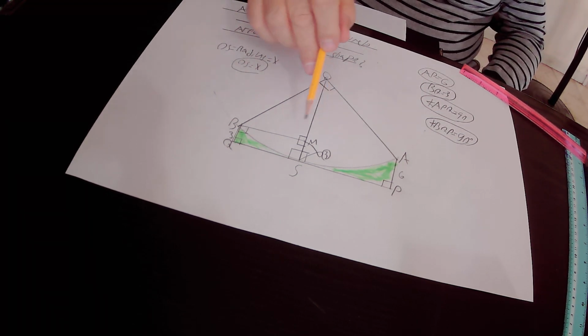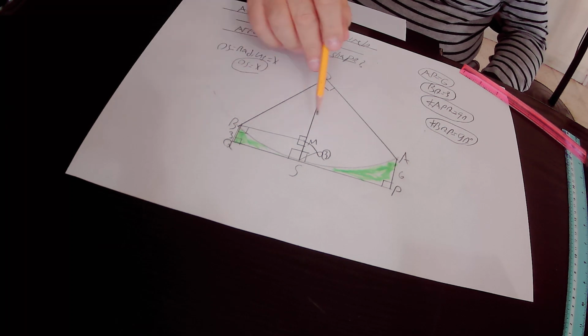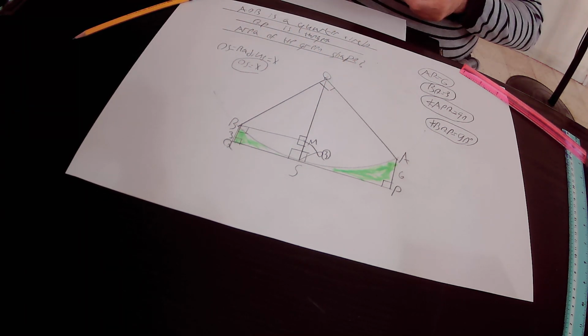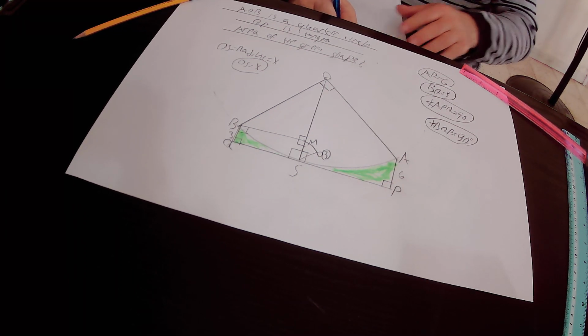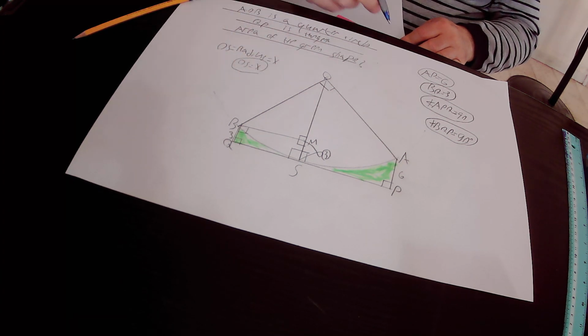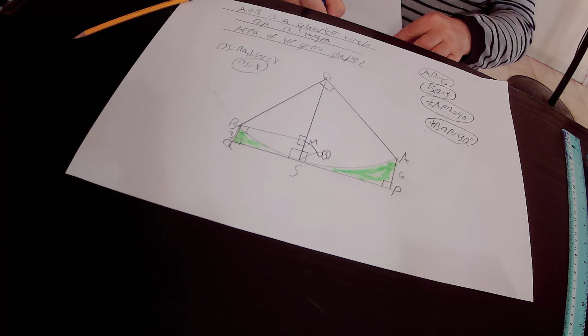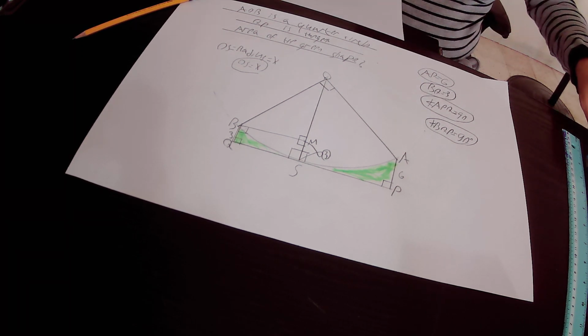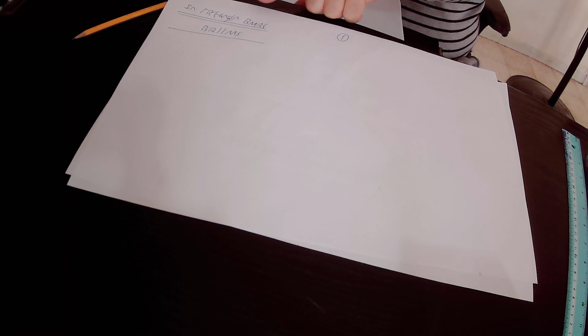So in rectangle BMQS, side BQ is parallel to the opposite side MS. BQ is parallel to MS. So I write it down: in rectangle BMQS, side BQ must be parallel to the opposite side, side MS.